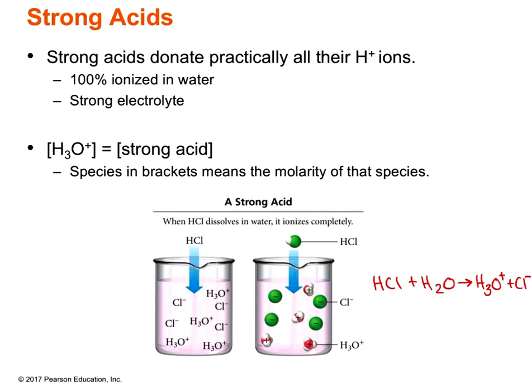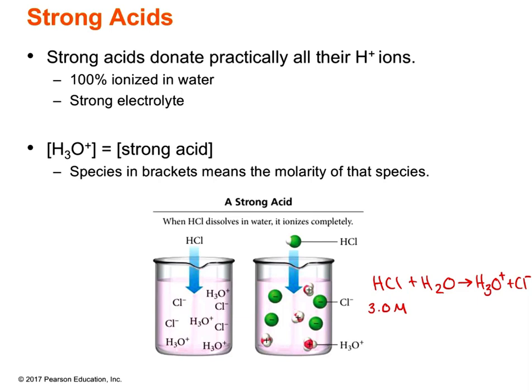So let's say we start with 3 molar hydrochloric acid. So there's 3 moles of hydrochloric acid per liter of solution. When we add that to water, it's going to completely dissociate, so it's going to react fully with water.